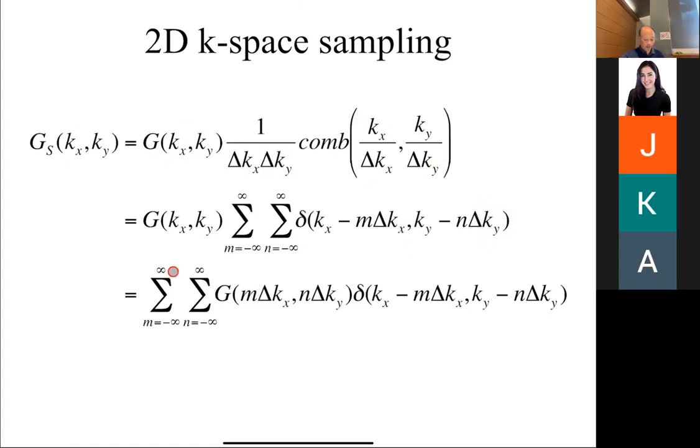Okay, and this just gives me a discrete waveform where I basically have the coefficients of my Fourier transform at these locations multiplied by the impulse at that location. Okay.